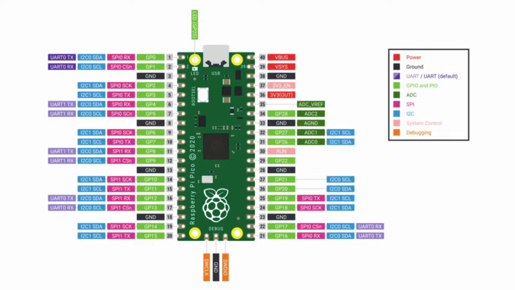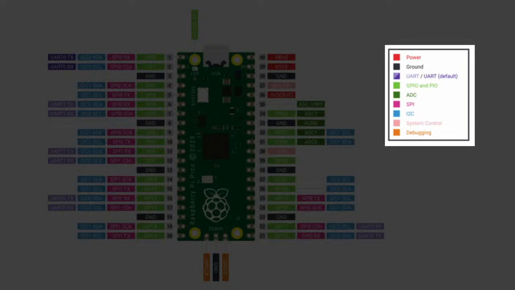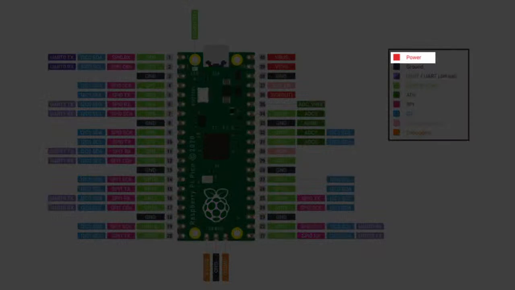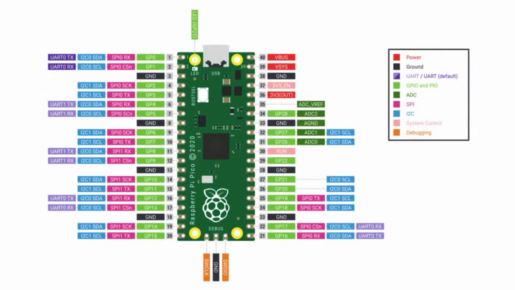Now, if you look at the color coding to the right side of the screen, you'll see that various colors are for various things. So there's red for power, and what that means is you can get power from the board using the pins that are specified with that particular color code. Now, you also need to understand the voltage that is being output.